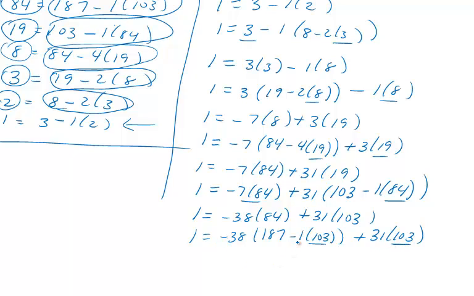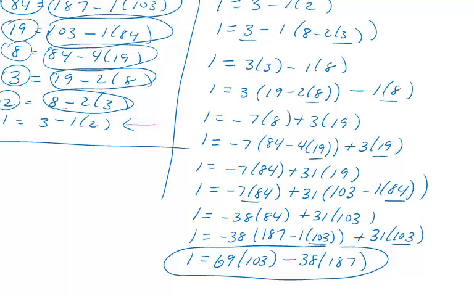I've got negative 38 times negative 1, that's 38, positive 38 times 103, plus 31 more. So 38 plus 31 is 69 times 103. And then we've got minus 38 times 187. And we've completed part A.